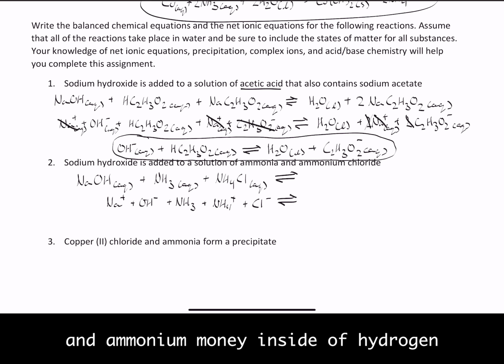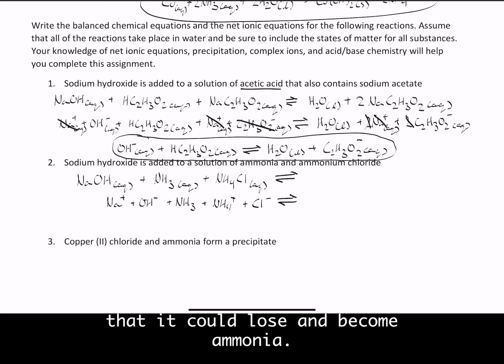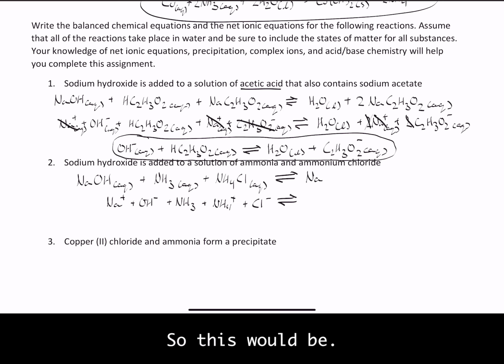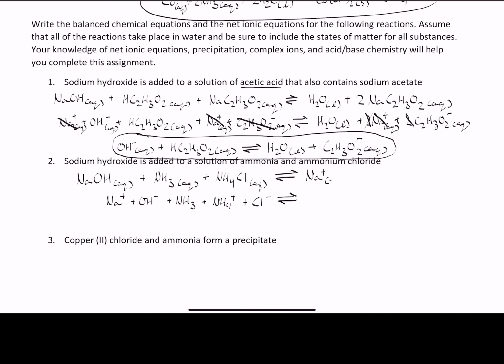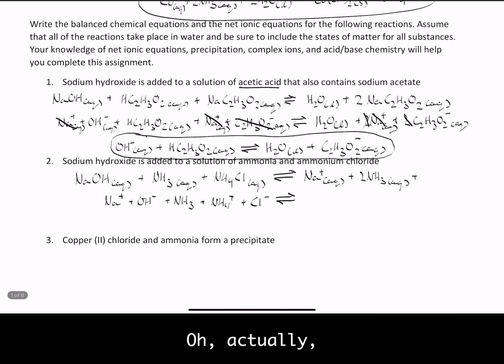Ammonium's got a hydrogen that it could lose and become ammonia. So this would be NH4 plus OH minus going to NH3 plus water. Oh, actually, not Na plus, NaCl.